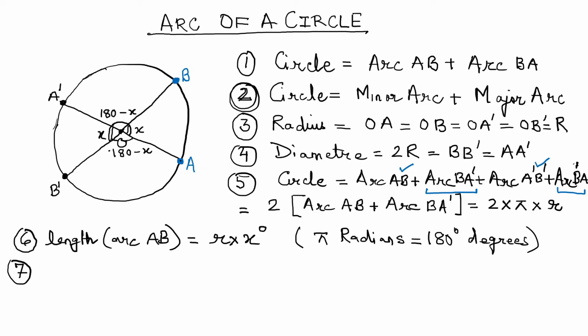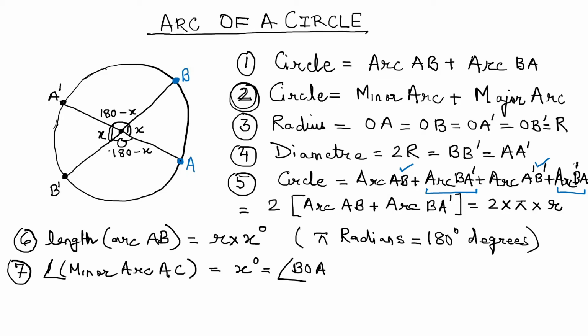So next, when we are talking about the angle subtended by the arc, let us say the angle subtended by the minor arc AC is equal to x degrees, which is nothing but angle BOA.